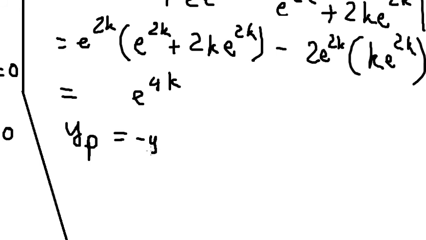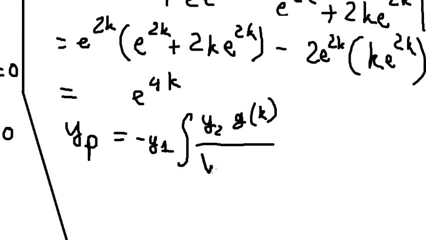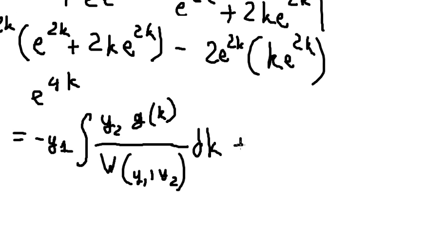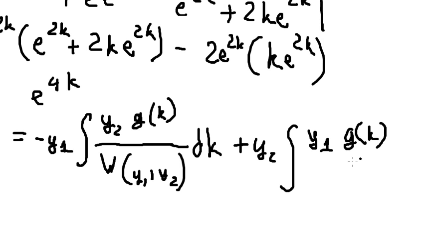We have negative y1 times the integration of y2 g(k) over the Wronskian of y1, y2 dk, and we have positive y2 times the integration of y1 g(k) over the Wronskian of y1, y2.